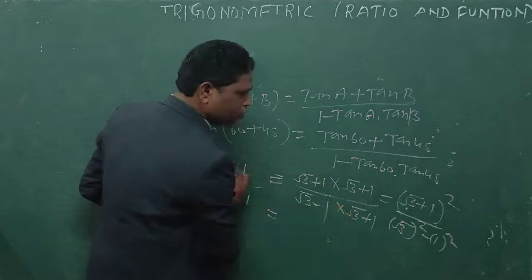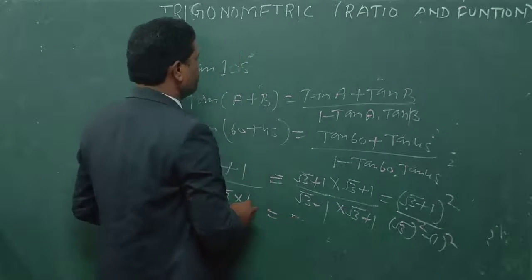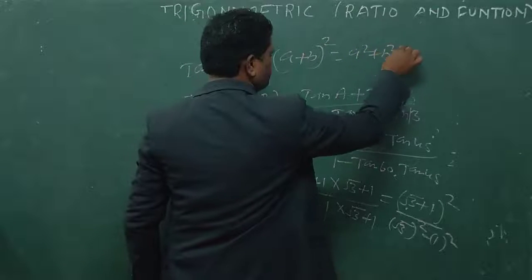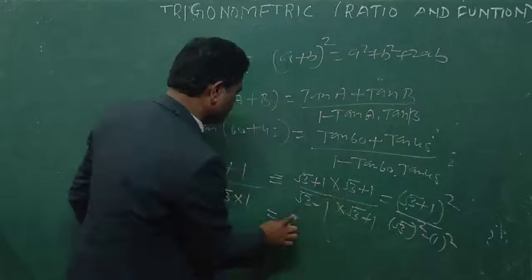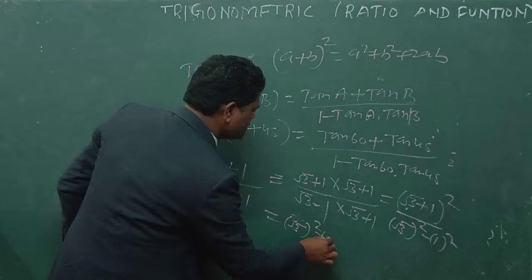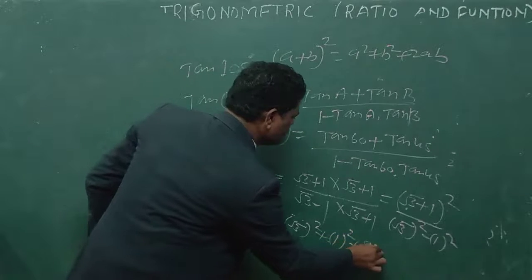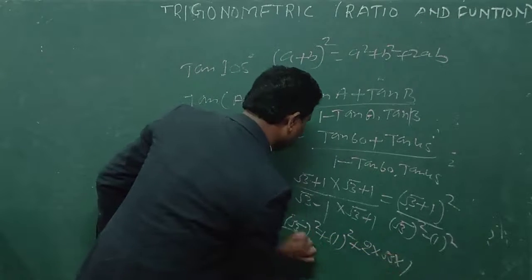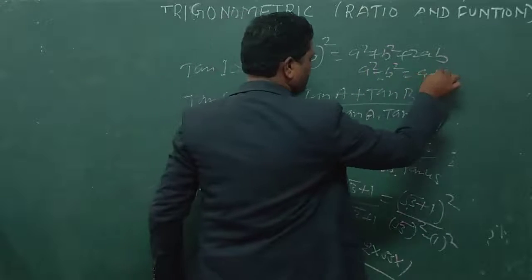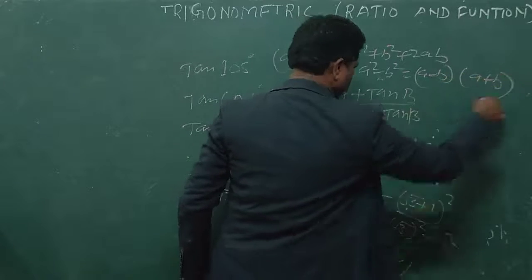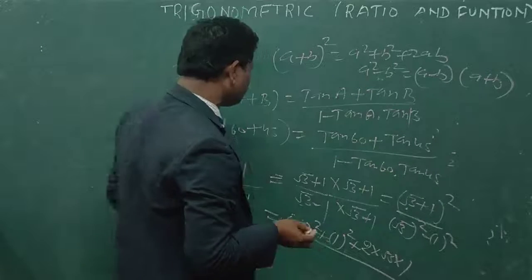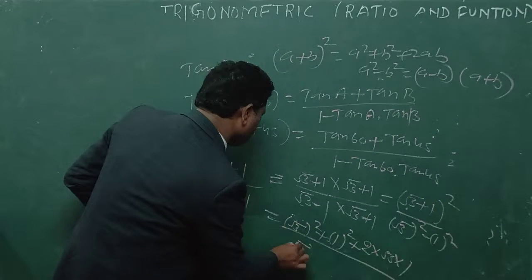Using a plus b whole square equals a square plus b square plus 2ab, we get root 3 square plus 1 square plus 2 into root 3 into 1, and a square minus b square equals a minus b into a plus b. The denominator is 3 minus 1.